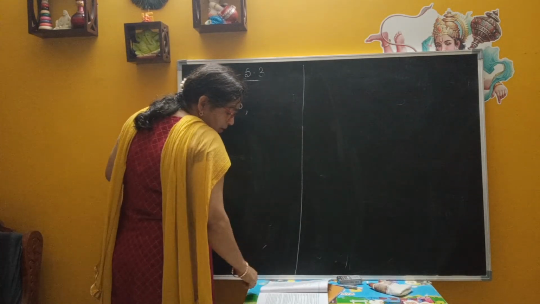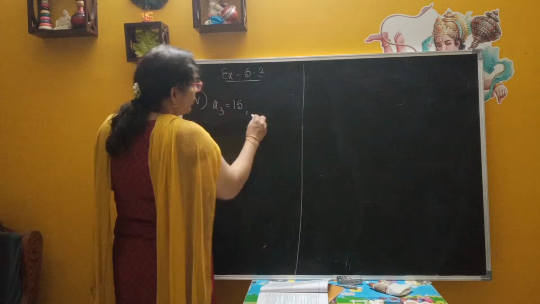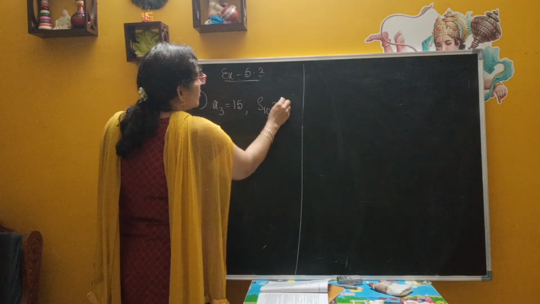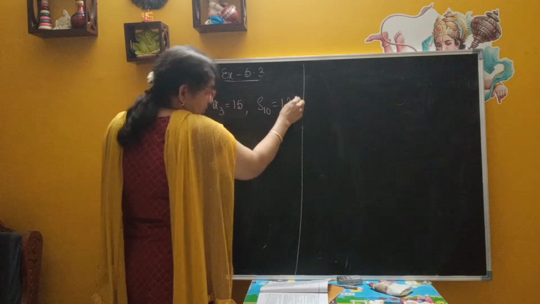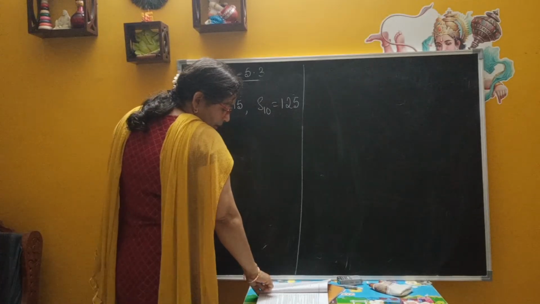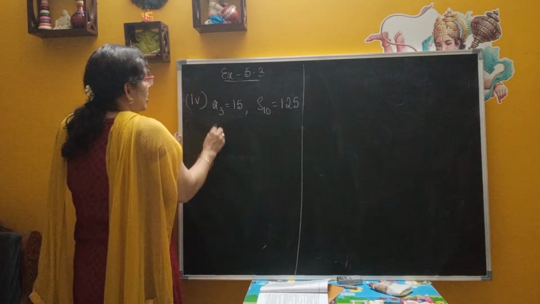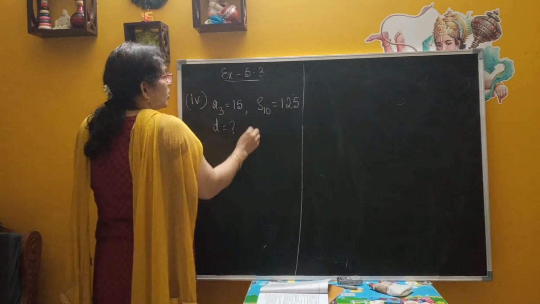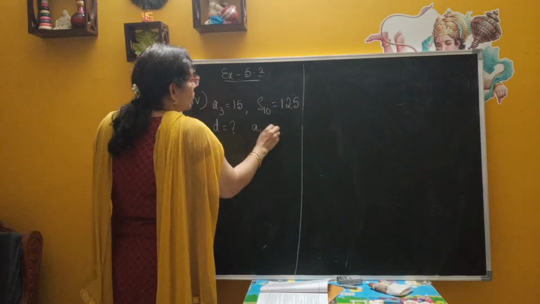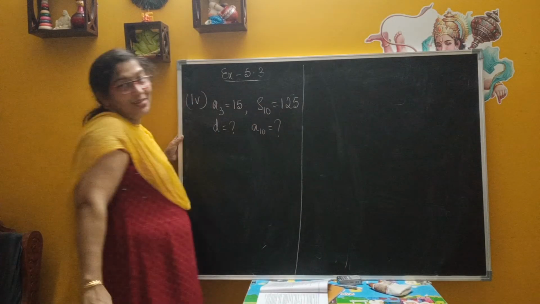Then what else is given? S10 is 125. Find D and A10. D is equal to how much? A10 how much? How do you find this?